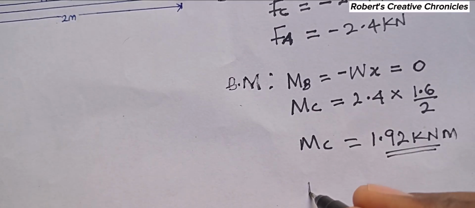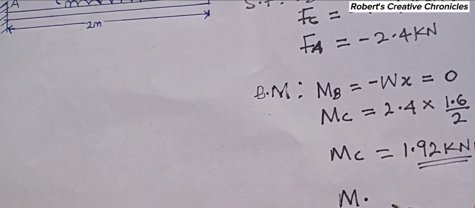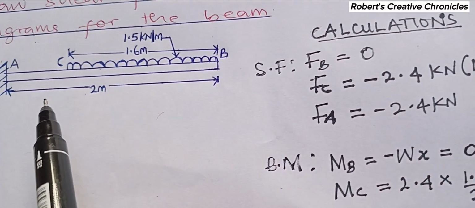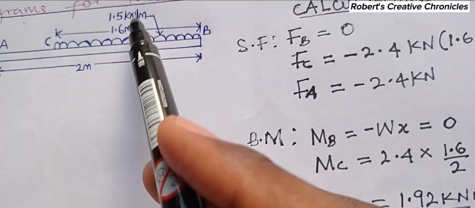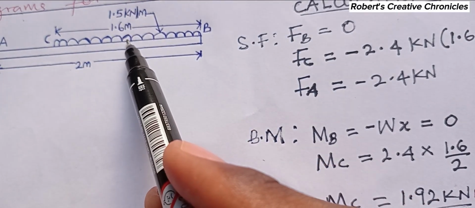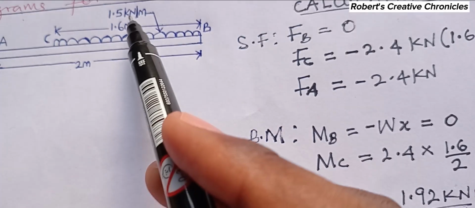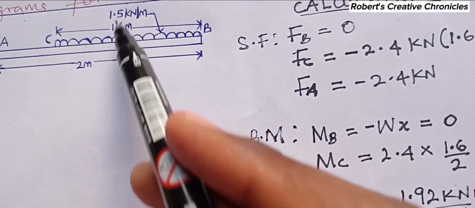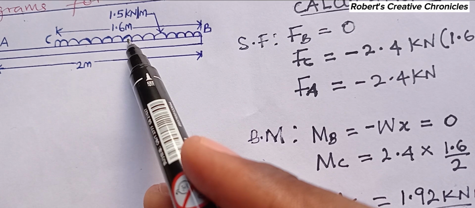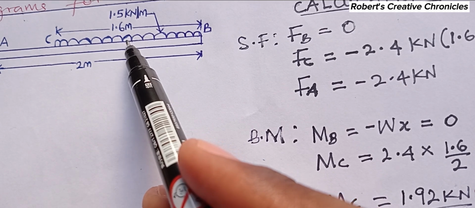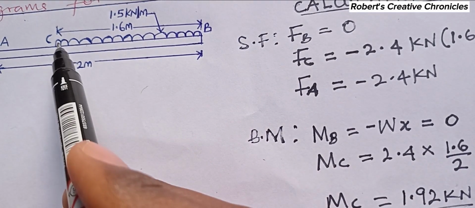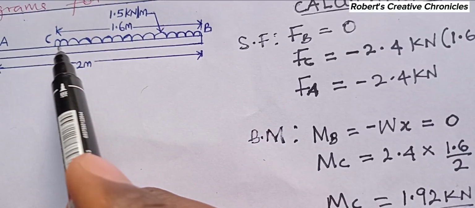So then finally, our bending moment at A is what? At A will be this point load, the point load I got from converting this UDL, multiplied by the distance. From here to here is 1.6 over 2, which is 0.8.